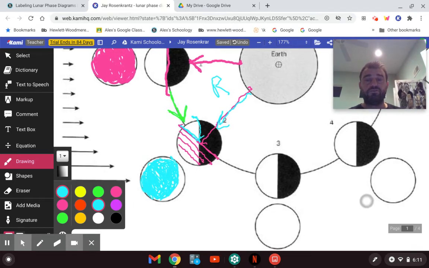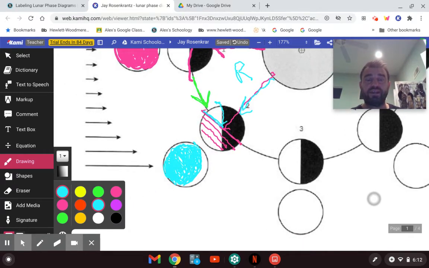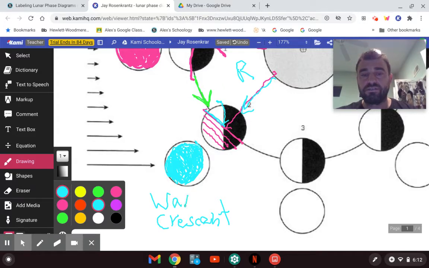Well, this isn't a full moon. This is seeing a very tiny sliver. We call that sliver the crescent. Remember the other day I said it's like the croissant? And since it's the right side that's visible, we're going to call it the waxing crescent.